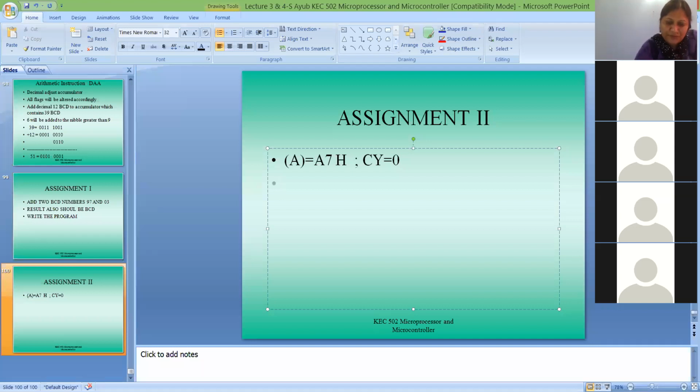Then you have to show me the result of RLC, RRC, RAL, RAR. Next time you have to show me these particular results. Have you understood, everybody?